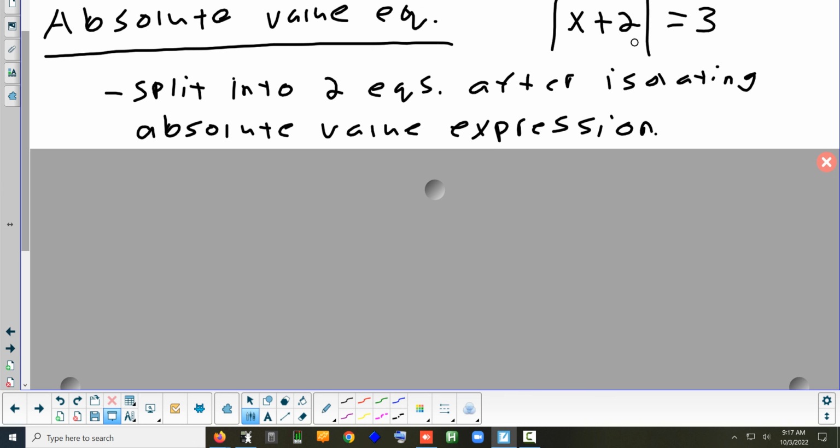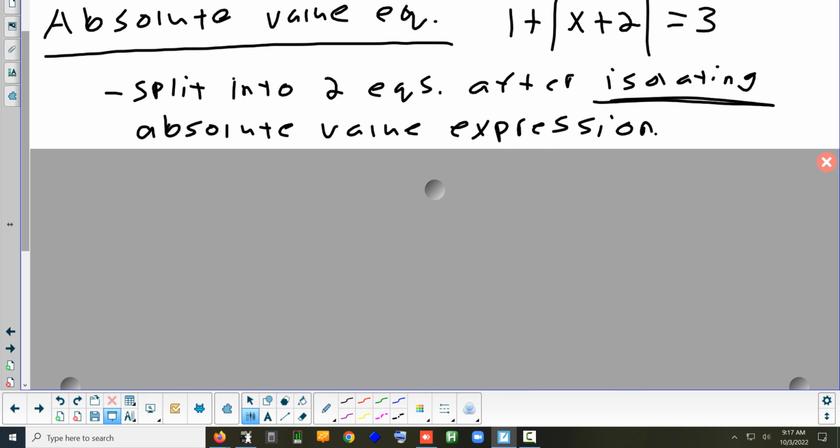In order to solve this problem, we're going to split it up into 2. But you can't split it until you isolate the absolute value. This is an example where the absolute value is already isolated. What I mean by isolated is you have an absolute value on one side and nothing else outside the bars on the same side.